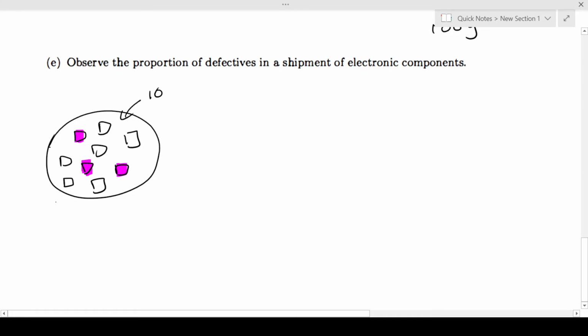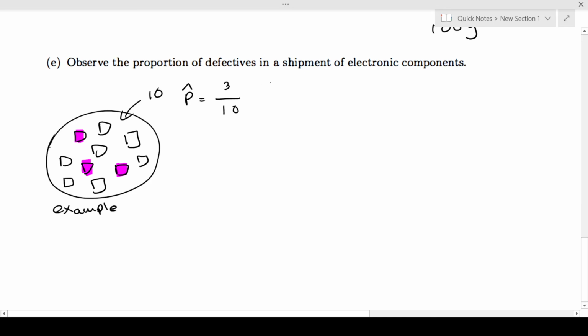So in this particular example, the proportion, p hat, would be the number of defective items, 3, over the total, which is 10.